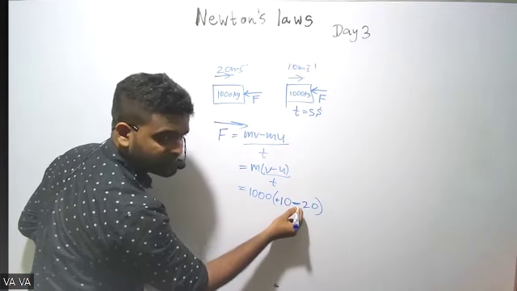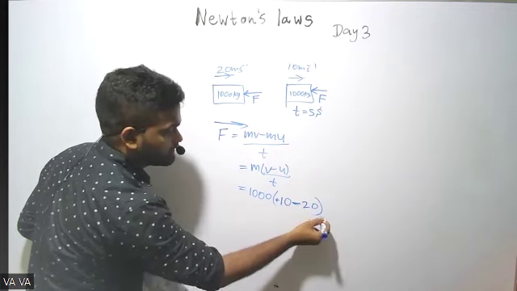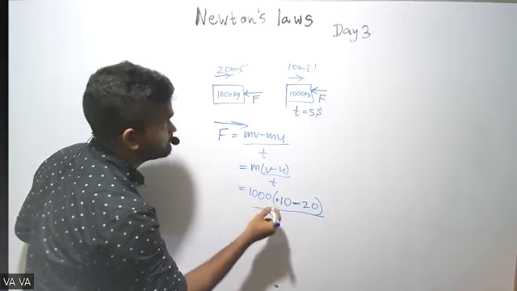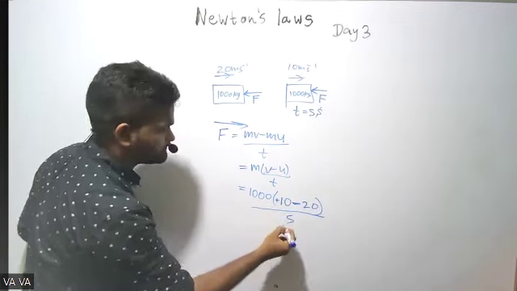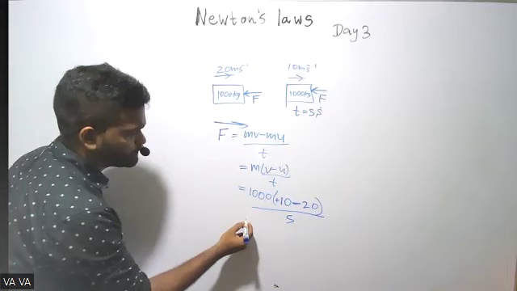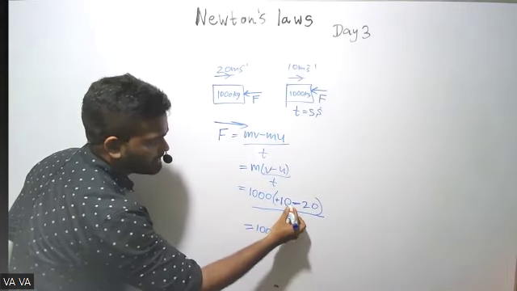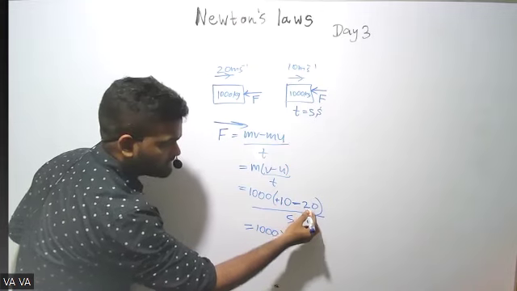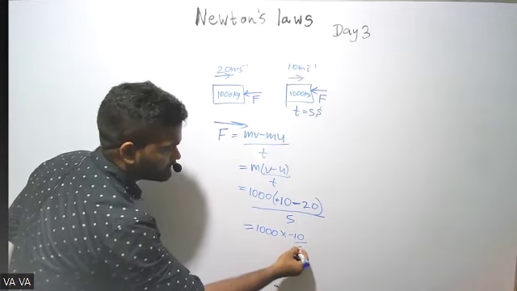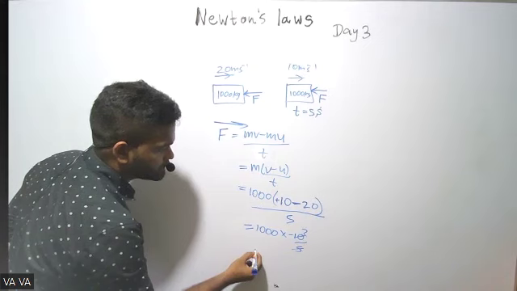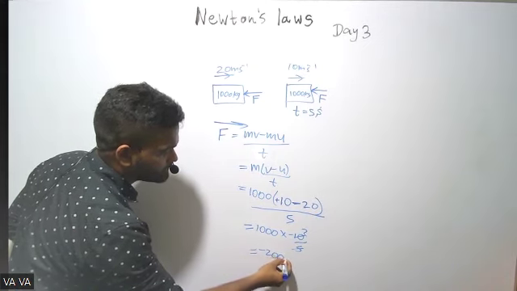This minus is in the equation, right? Then divide by time. Time is 5. So what do you get? You get actually a negative value. 1000 times (10 minus 20) divided by 5. So it is minus 2000 Newton.